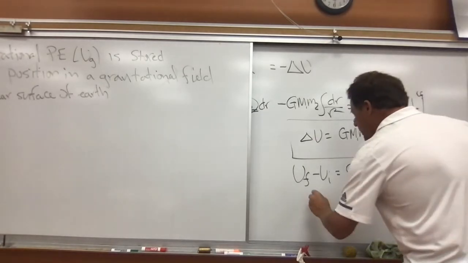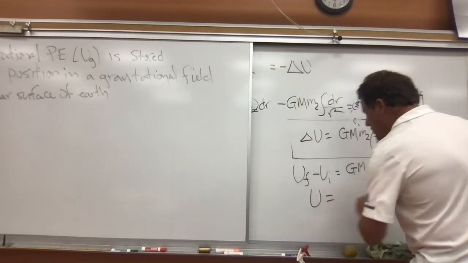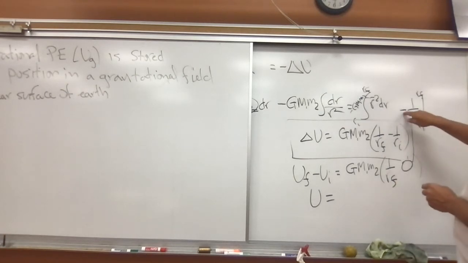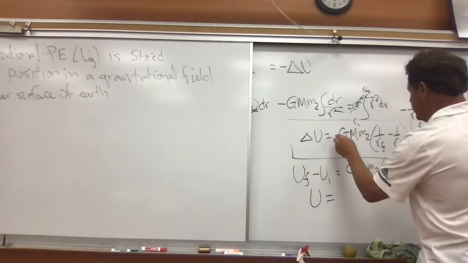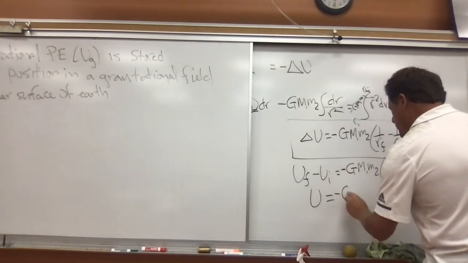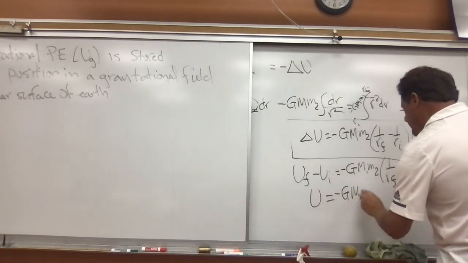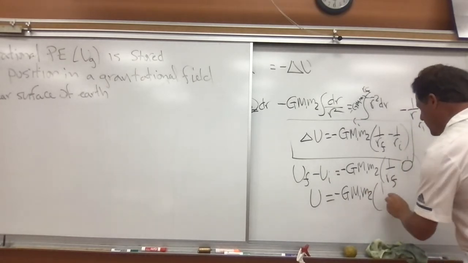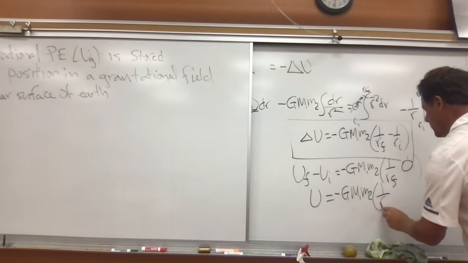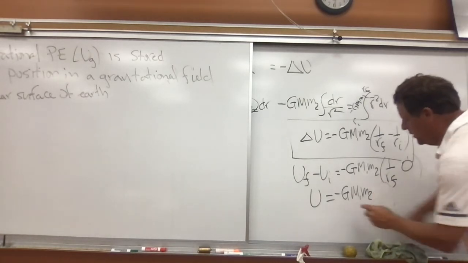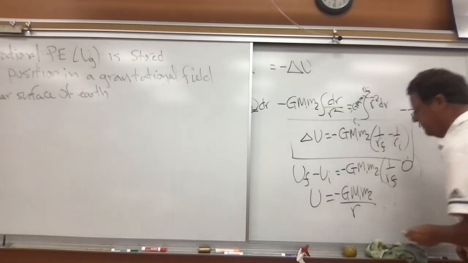So if we want to know what our potential energy is, I forgot to take this negative and put it out here, okay? So we're going to have negative G M1 M2 times 1 over R.